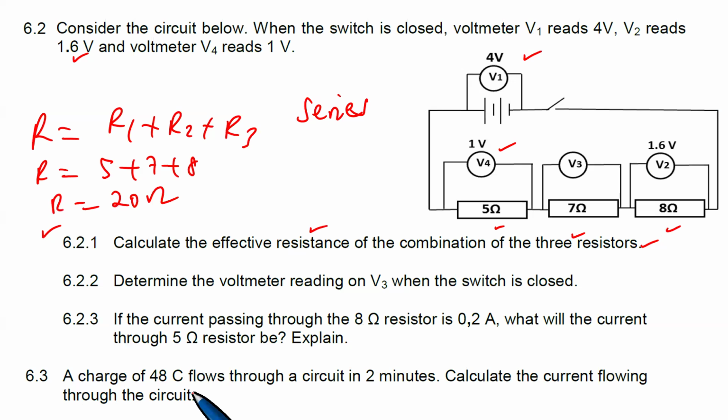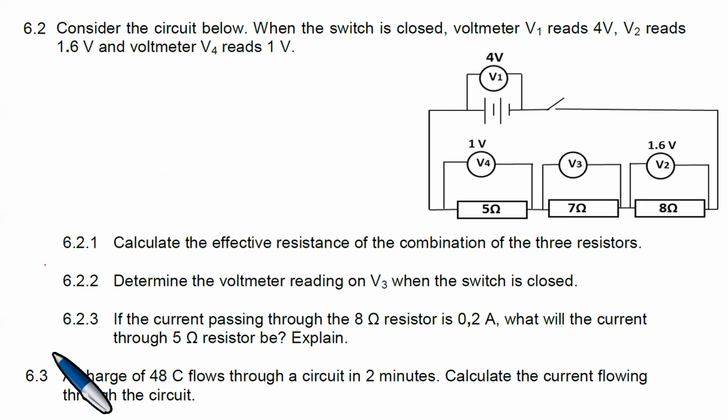And then now we're looking at the next question, which is 6.2.2. We want to calculate the voltmeter reading on V3, the one across the 7 ohm resistor.